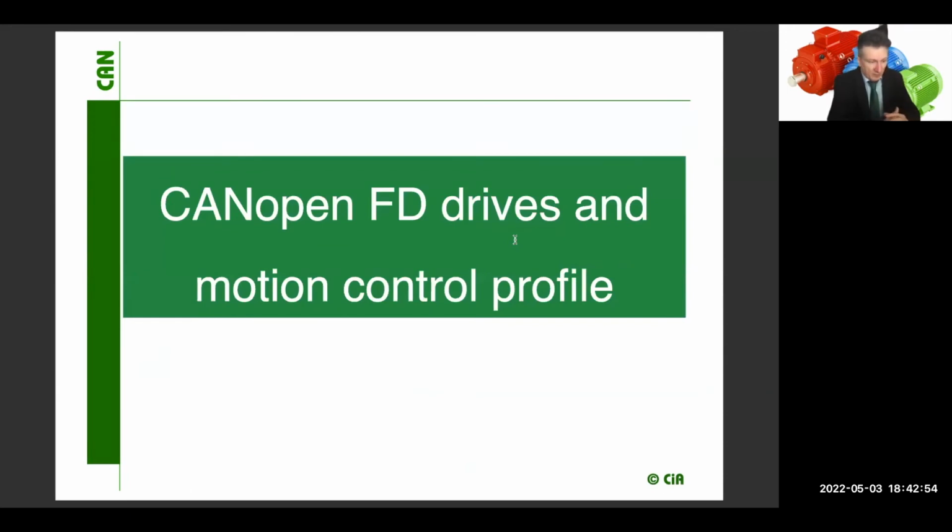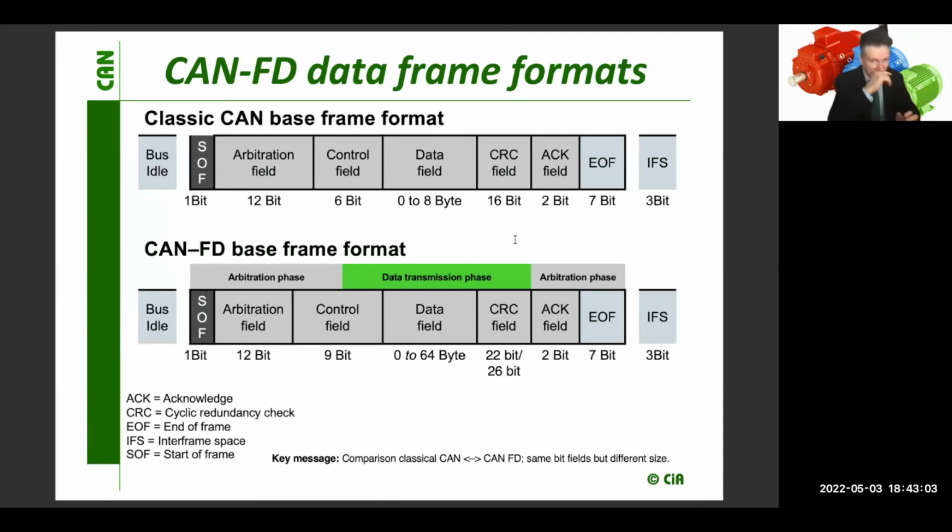So that is so far about the CANopen side of drives. If you come up with a CANopen FD drive, then it is necessary to know what CANopen FD is. CANopen FD is a new technology based on the CAN FD frame. This is a further development of classic CAN.